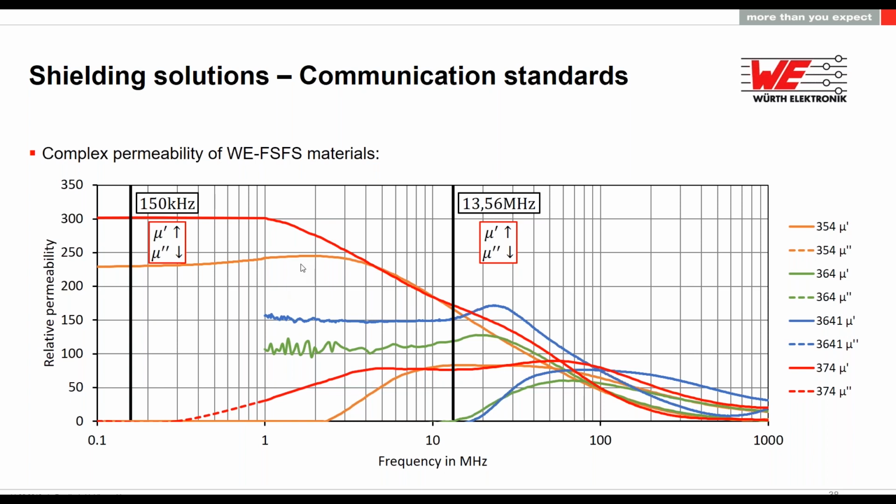So in the case you want to erase the harmonics, if you have the main frequency at 1 mega, you need to have good absorption in frequencies higher than 1 mega. So you are not affecting the communication system and you are erasing the harmonics.